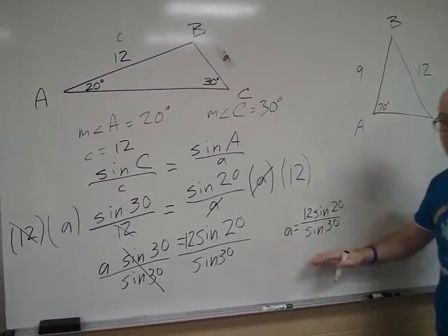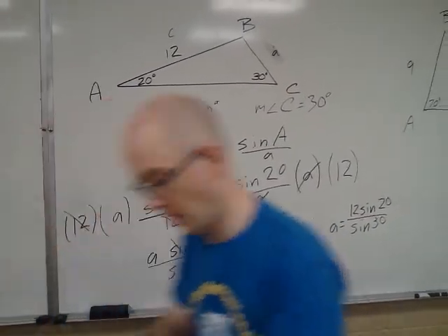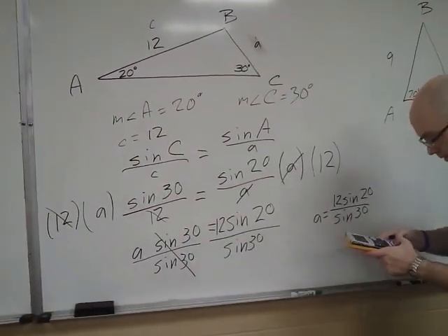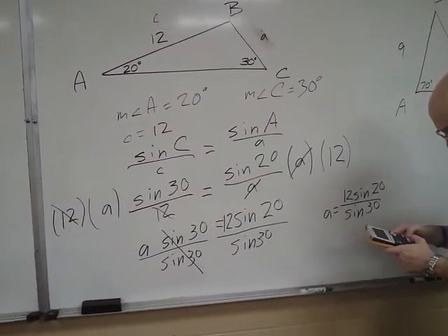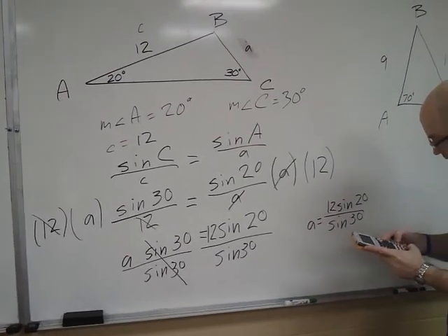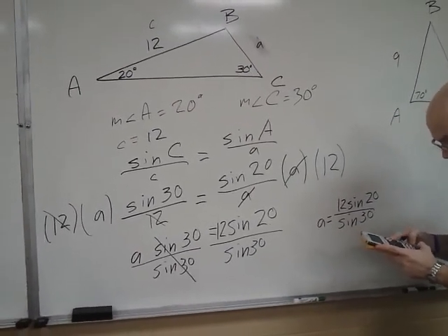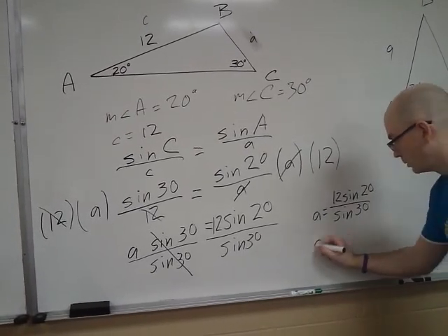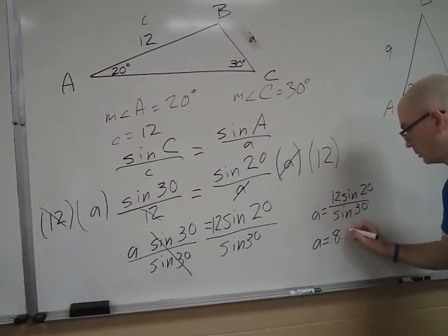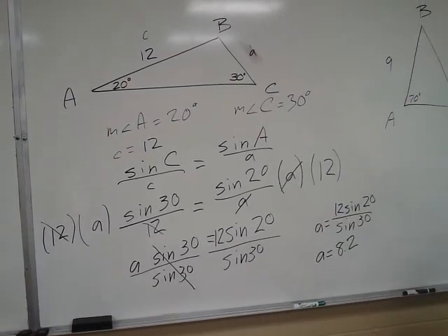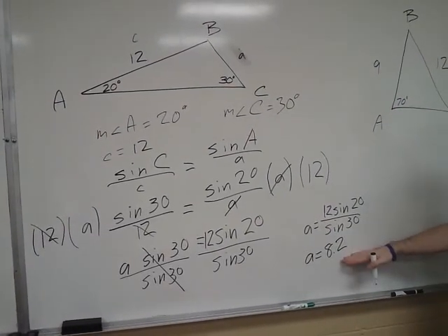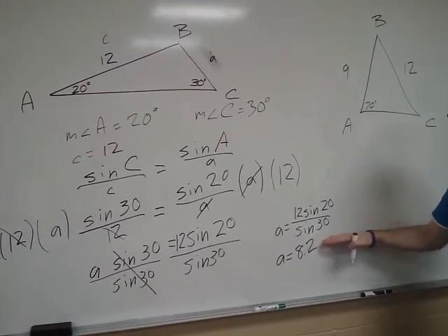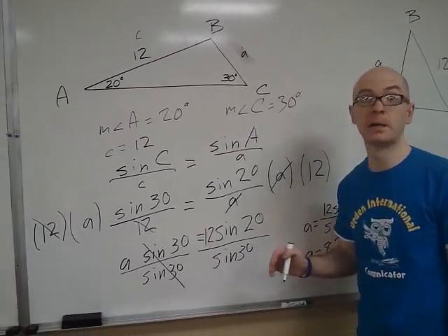That's it. This is your answer. You plug this into your calculator, 12 times the sine of 20 divided by the sine of 30, and you should get 8.2. That's how we would use the law of sines to find a side.